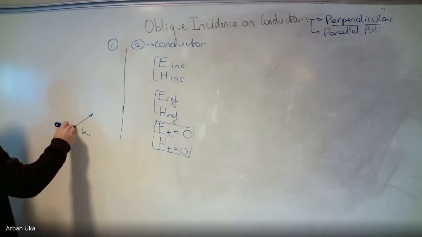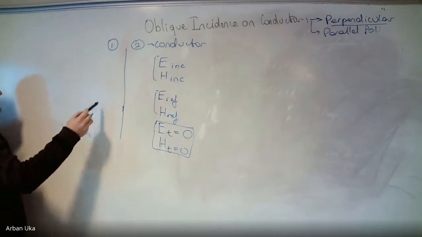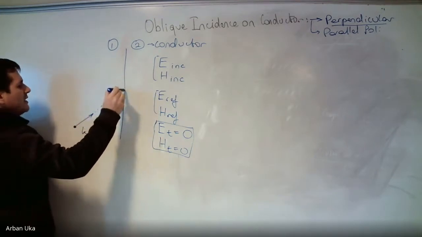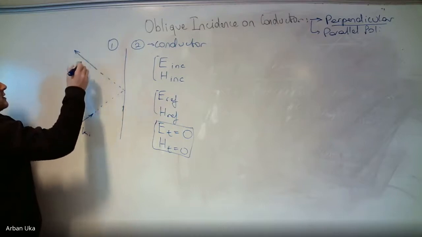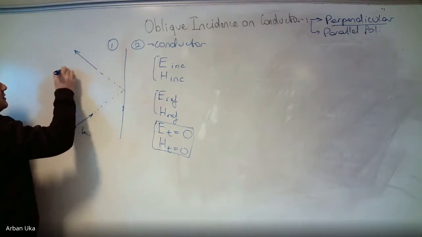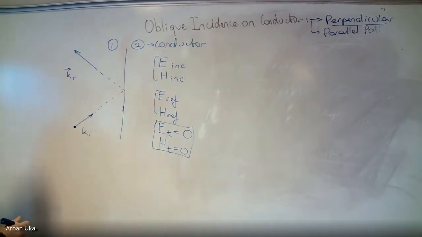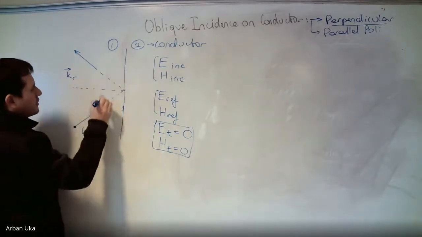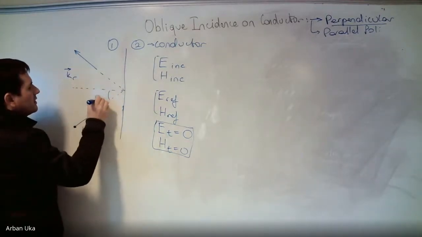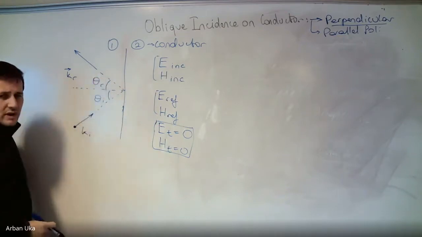So perpendicular polarization means that on the plane, which is defined by the K incident and the K reflected, let's write this one KR, this is going to be the plane of the whiteboard. In principle, this is the angle of incidence, and this would be the angle of the reflected wave.